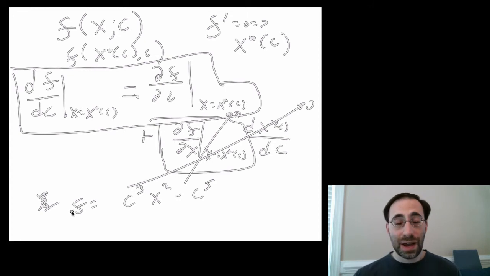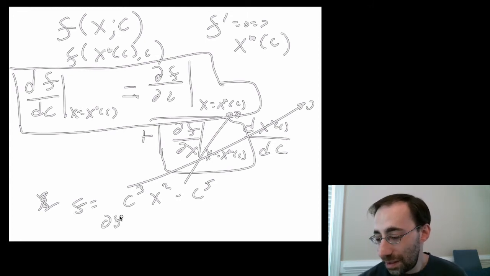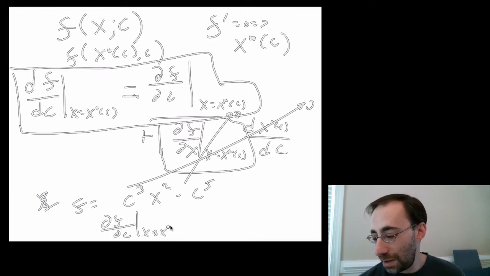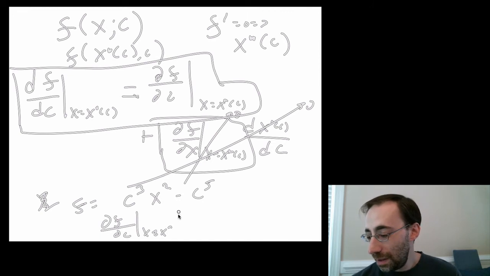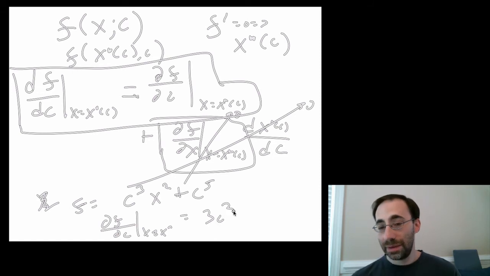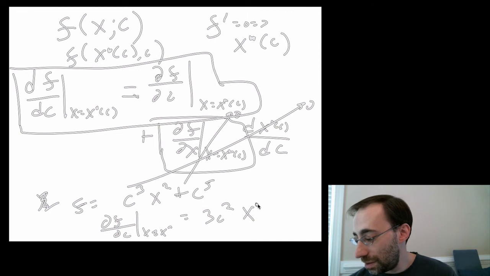Well, you could go through and calculate x star if you wanted to, or you could calculate partial f partial c evaluated at x equals x star. What's that? That's going to be, and I'm going to put a plus here actually, 3c squared, then treat x as a constant, just evaluate it at x star. So this is x star squared times 3c squared plus 5c to the fourth.